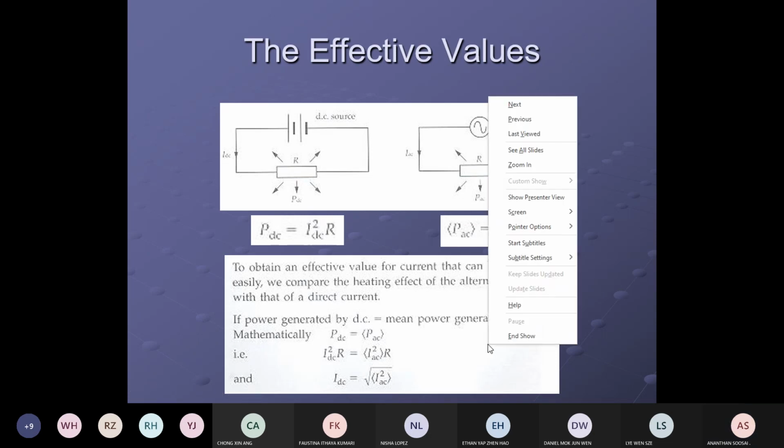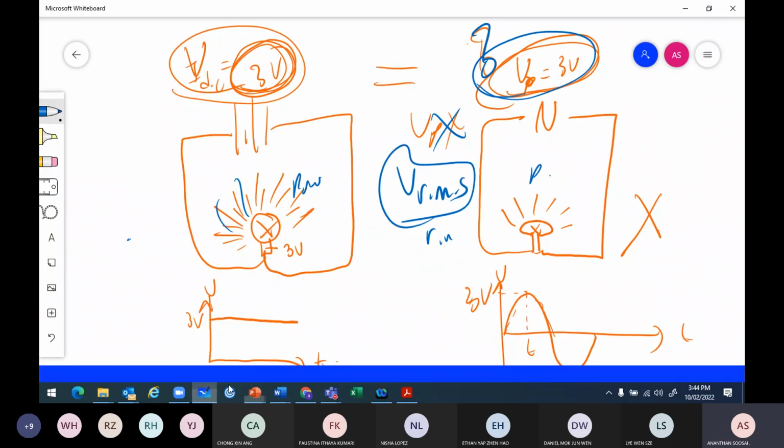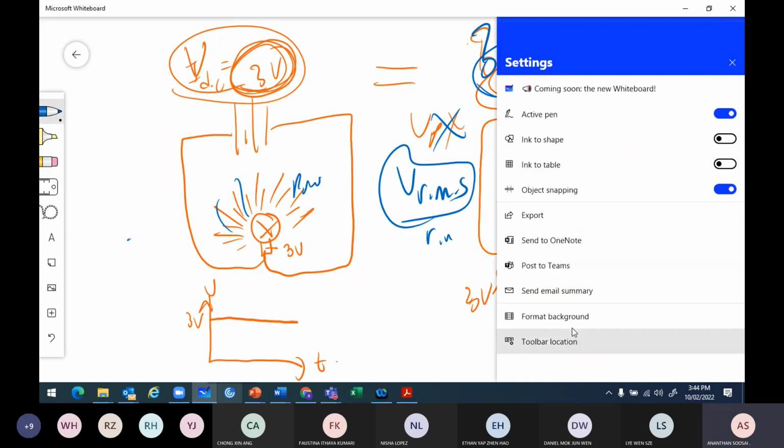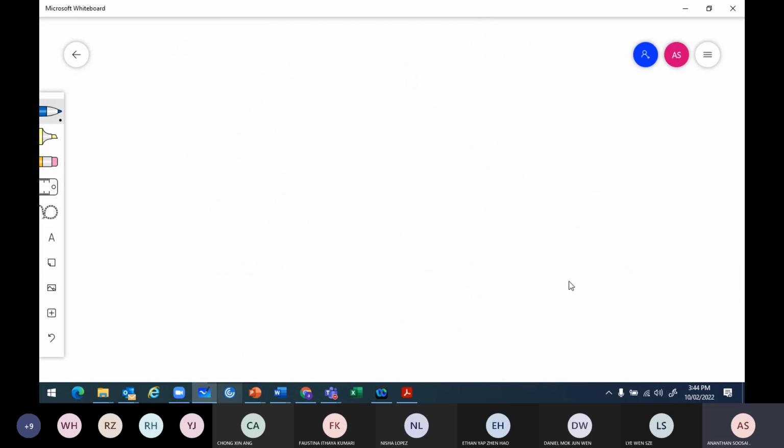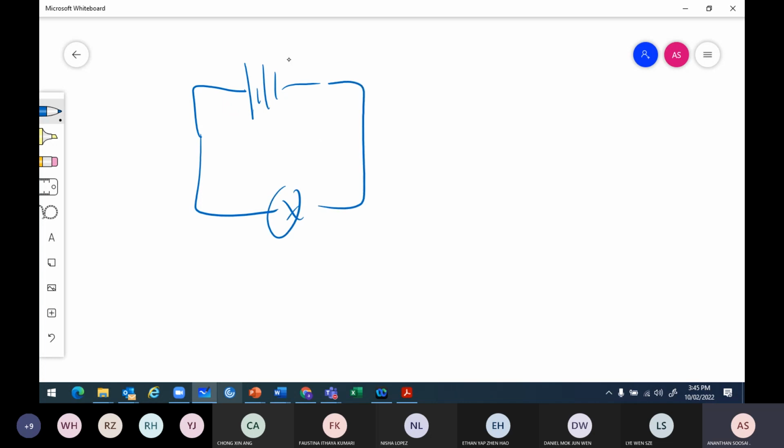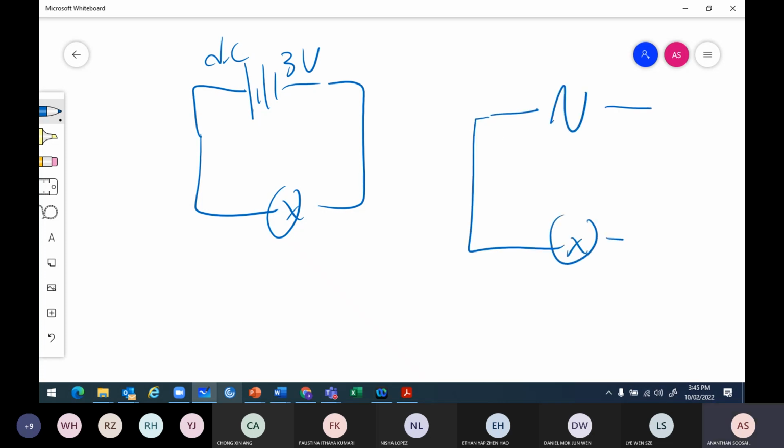Now, because you are in A levels, they said you have a battery and you want to light up a light bulb by supplying 3 volt of DC. If you have an alternating source, how many volts do you need to apply?